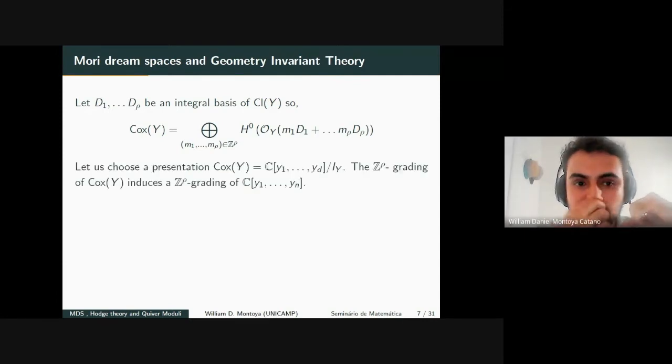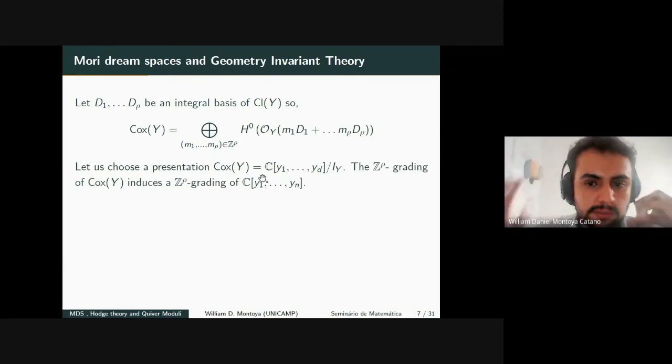Assume that my variety is a Mori dream space, so this ring is finitely generated, and assume that the class group is free of rank rho. And let's choose a presentation. Here there is a chosen one, but as I said in the abstract, there is a canonical way to do that. We'll discuss this later. Okay.